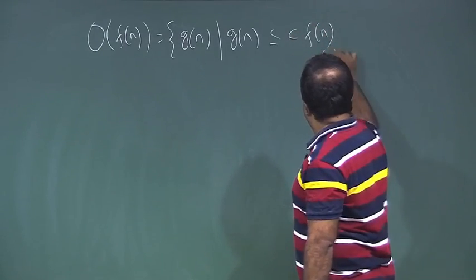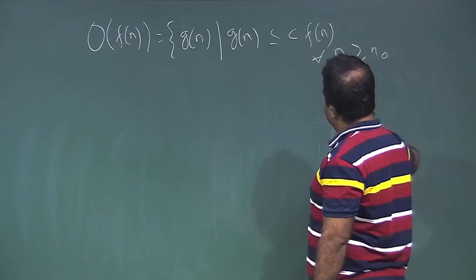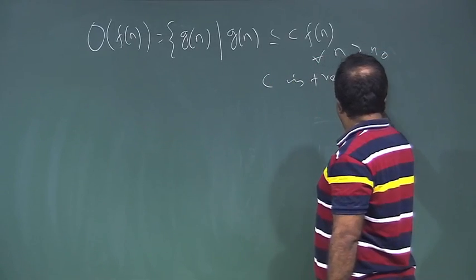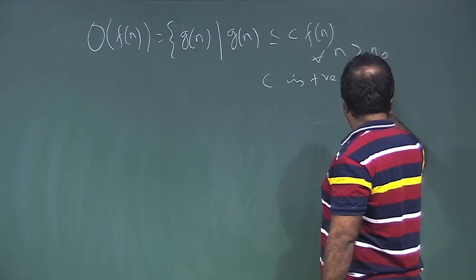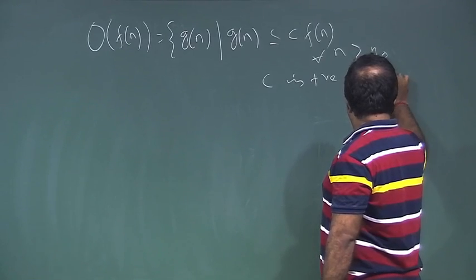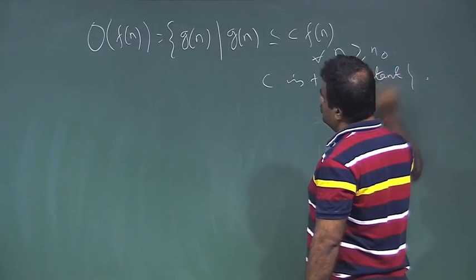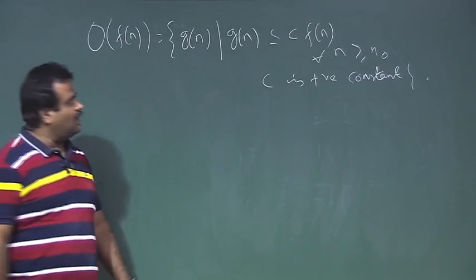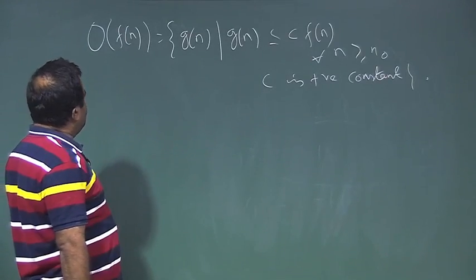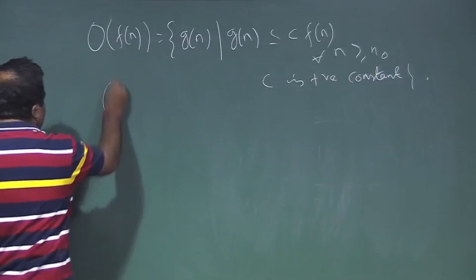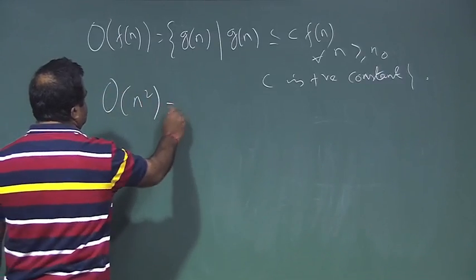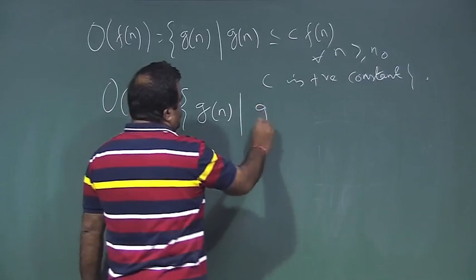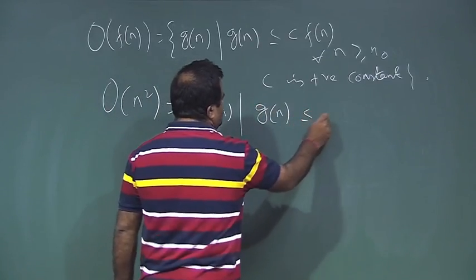Okay, and this is true for all n greater than or equal to n0, and where C is a positive constant. So basically it is an upper bound. So if we have such an upper bound, then big O of n square is basically the set of all functions such that it is bounded above by n square.